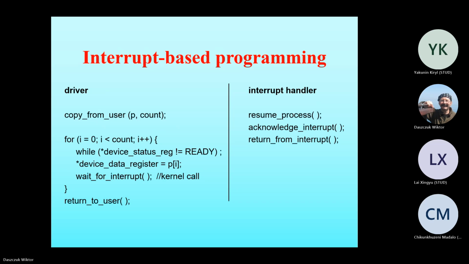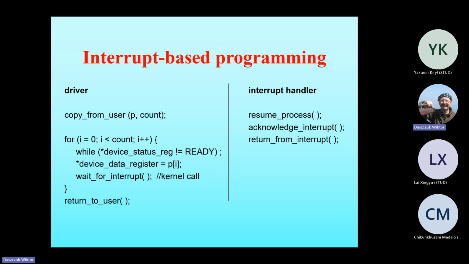So it's natural that there is an additional variable here that the handler checks if someone is waiting for this interrupt. Because if not, for example, the user process resigned from sending more data, we ignore the interrupt.